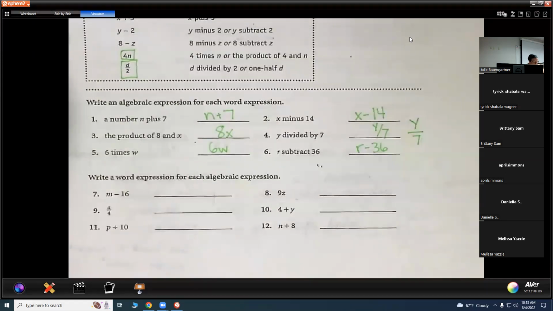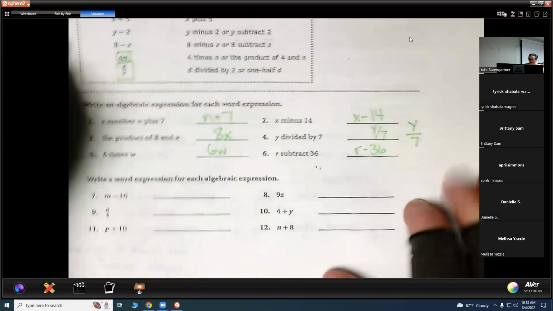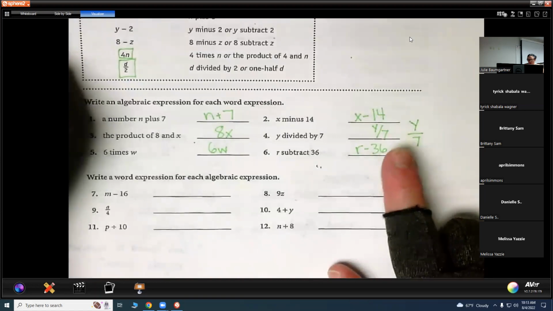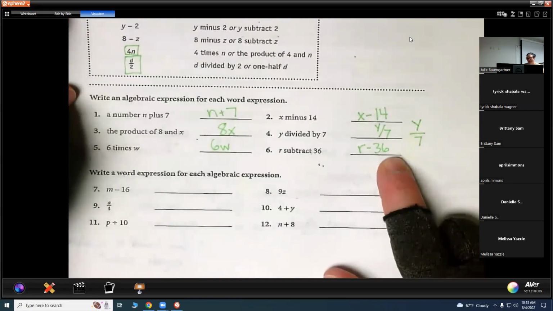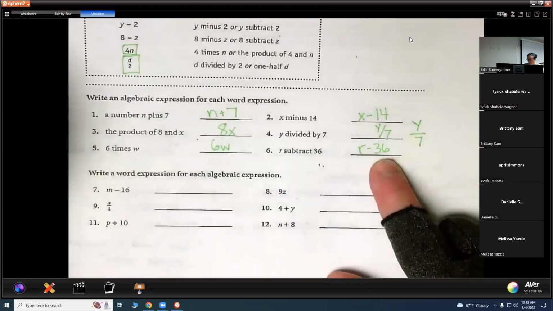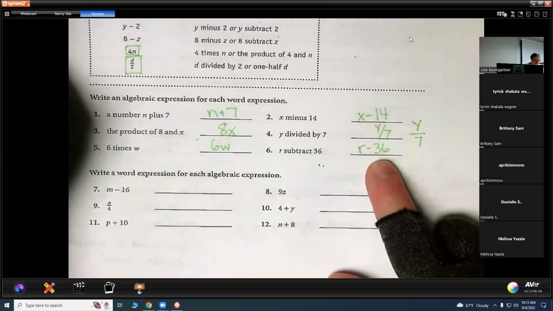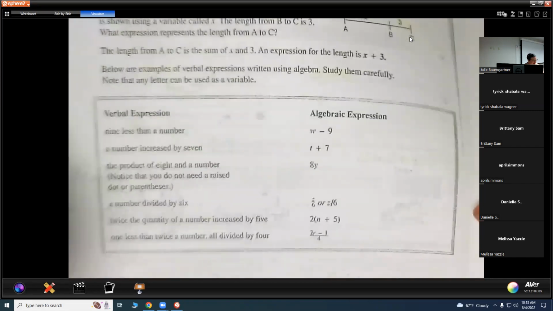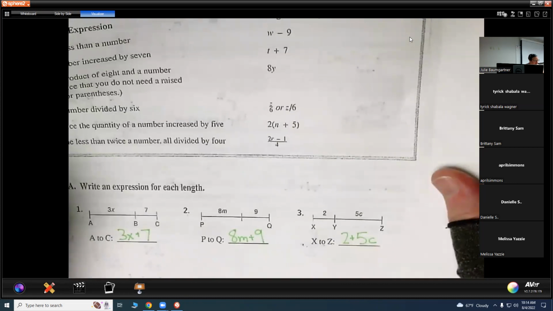Very important, because of course it won't be this easy on the GED. It'll be more complex, but this is our starting point, and this is where we want to begin. So hopefully everyone's feeling good about that. So we continue to talk about variables and expressions.